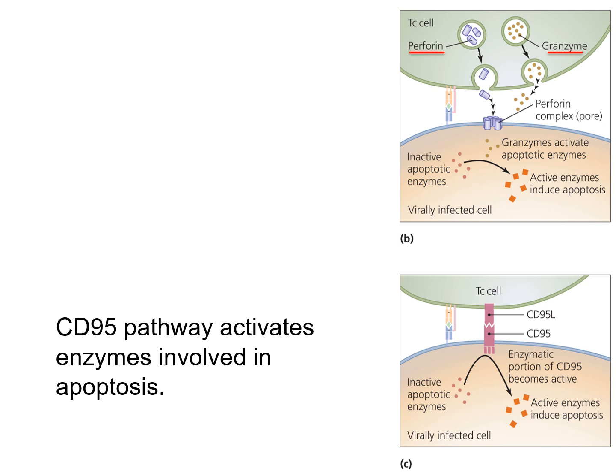The barrels bombard the cell below it and puncture holes in the cell membrane. The granzymes are going to fall through the hole and reprogram that cell to commit suicide. And the bottom image, C, that is the CD95 pathway that also activates apoptosis.